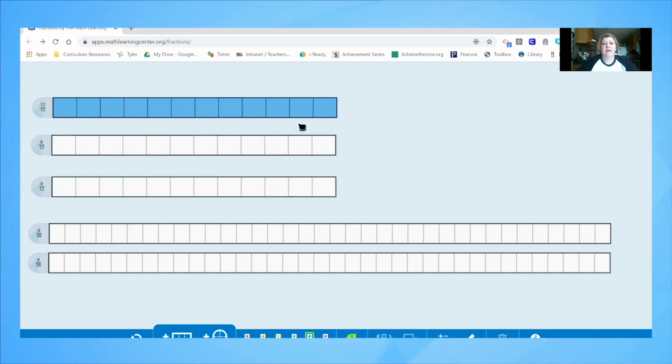And then I'm going to shade in 4 out of 12. 1, 2, 3, 4. We added to that 9/12. So 9 out of 12. So we're going to count 9 more. 1, 2, 3, 4, 5, 6, 7, 8, 9. You now see that what I have shaded is 2 wholes and 1 out of 12, or 1/12. So I have 2 and 1/12.